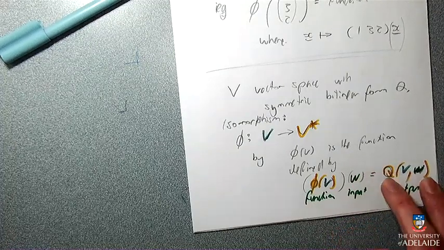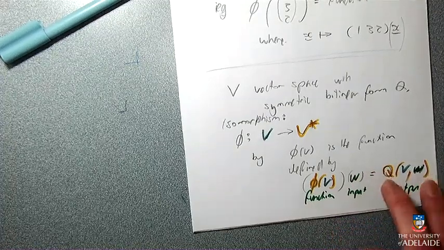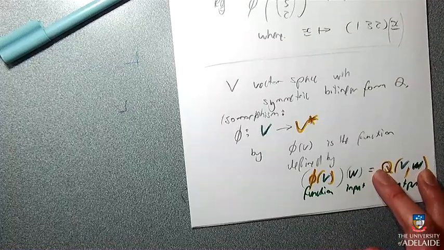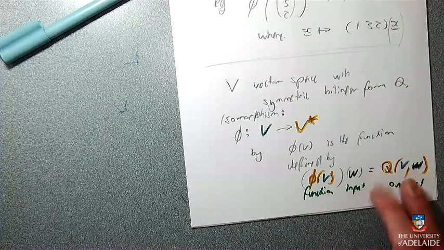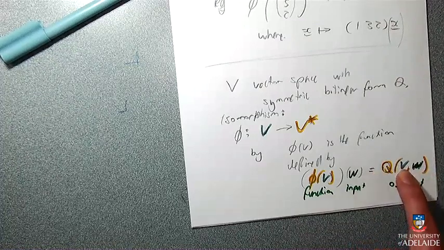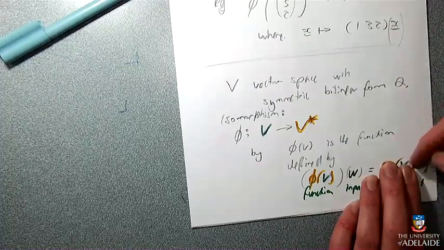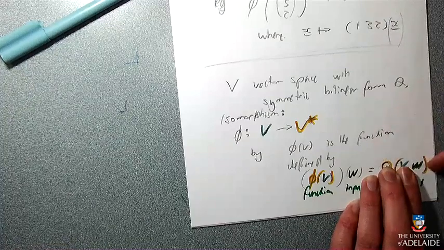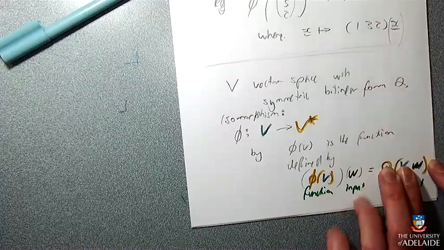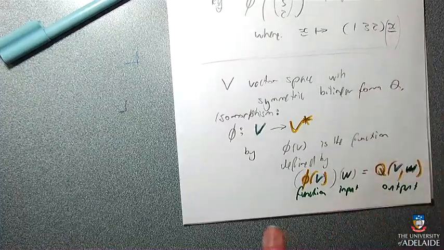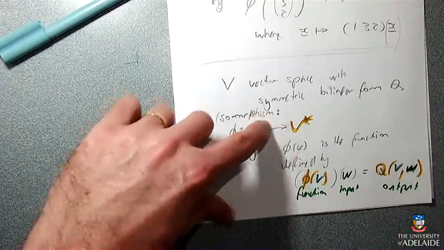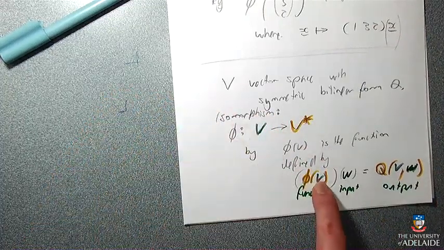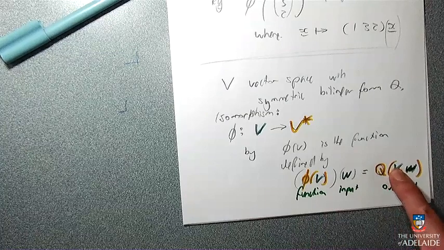And so this is a thing in V star. Like the thing with that specific V in that spot and all possible W's, that's a function that's in V star, a functional. And so I can create a function that goes from V to V star by putting the V in that spot.